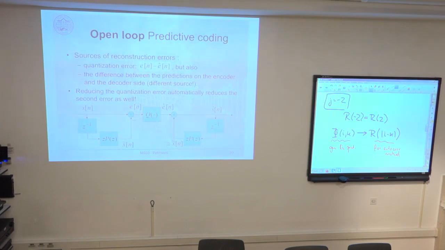If the variance of the signal is smaller, then I can quantize the same signal with fewer bits, because the variability of this signal is reduced. And such a concept is used here. This is the original input signal. It has some high variance, but if the prediction is good, then this E of n is of much smaller variance than x of n.